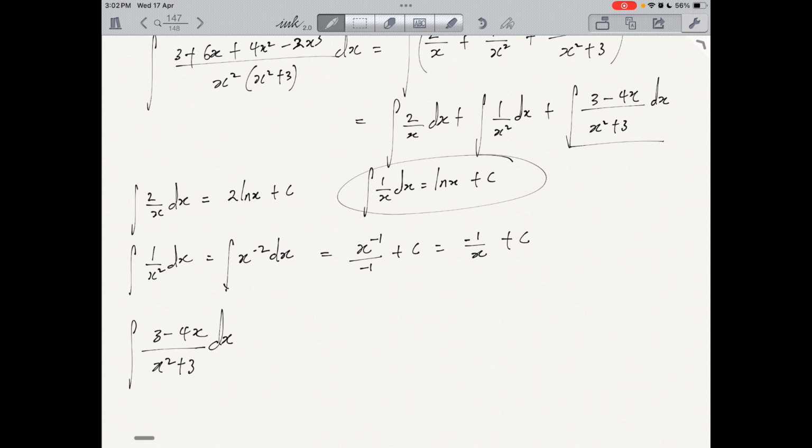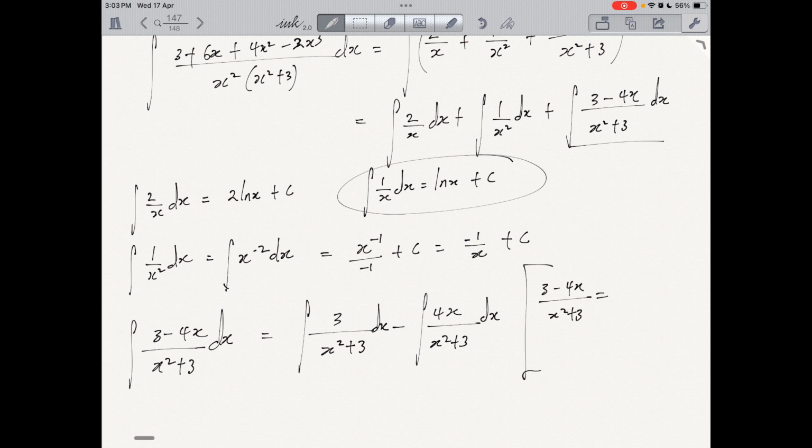Now this can be further simplified to give integral of 3 into x squared plus 3 minus 4x into x squared plus 3, because 3 minus 4x divided by x squared plus 3 is equal to 3 over x squared plus 3 minus 4x over x squared plus 3.